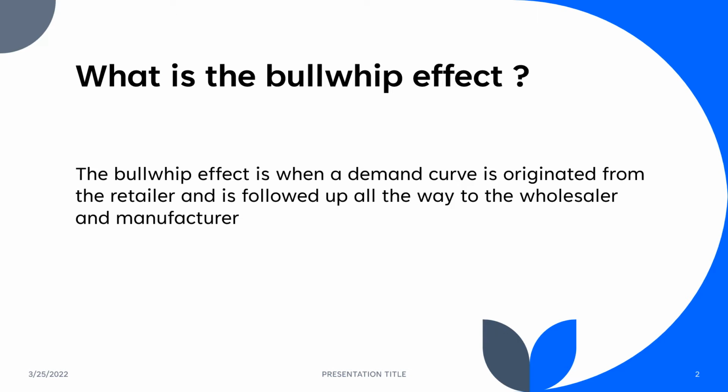This literally creates a bullwhip effect, much like a whip. It will start off big and create these waves, eventually simmering down all the way to the end, where the supply chain will eventually reach the consumer, which is the end of the whip.